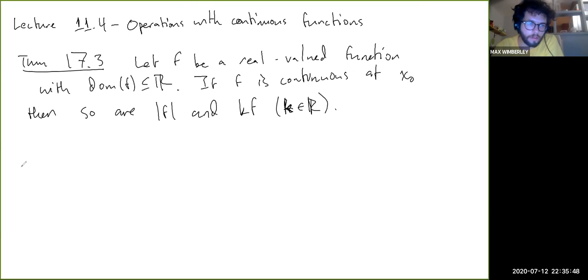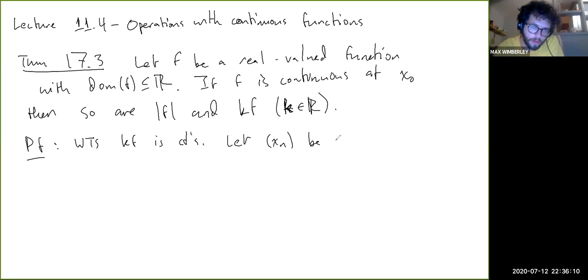So for the first one, we're just going to use the assumptions of the statement here. Let's show kf is continuous. Let xn be a sequence in the domain of f such that xn approaches x naught.